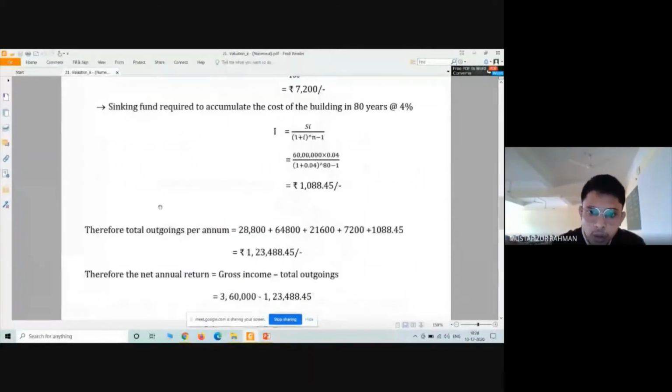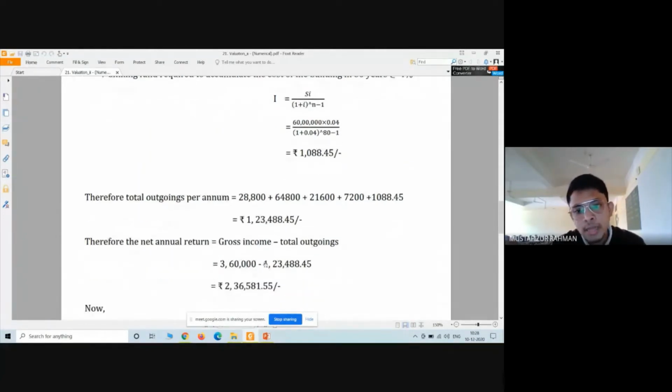Therefore, we calculate all the outgoings, we add all the taxes, charges, and the sinking fund, and we get some amount. From there, the net annual return will be gross income minus total outgoings. This will give us the net annual return.